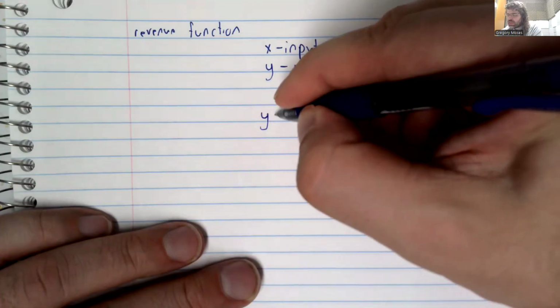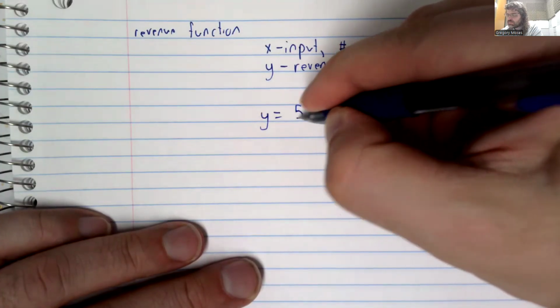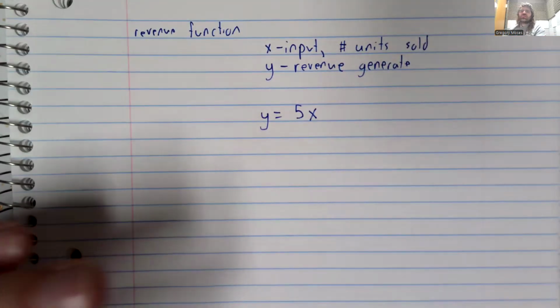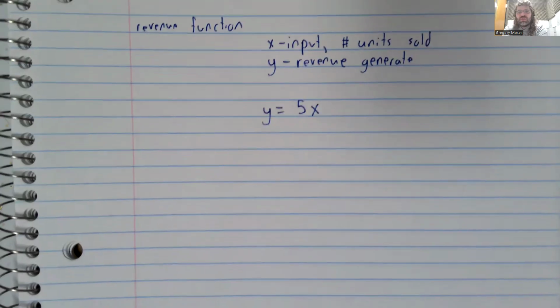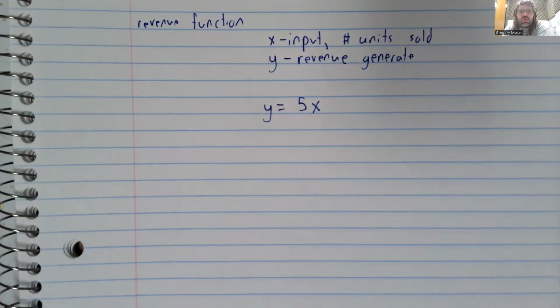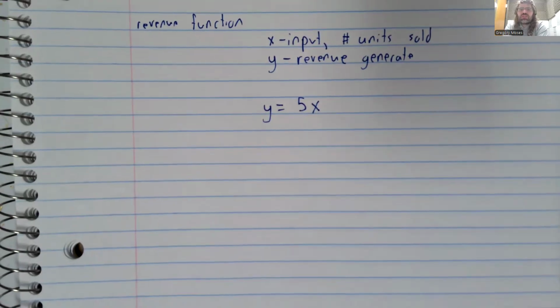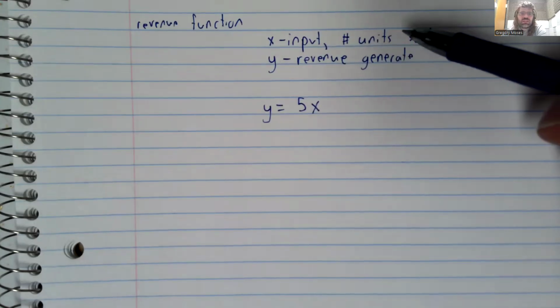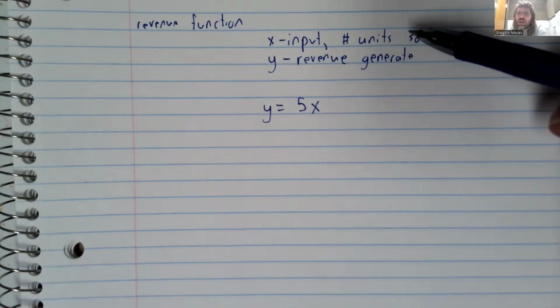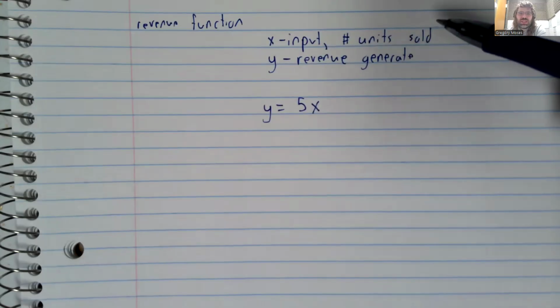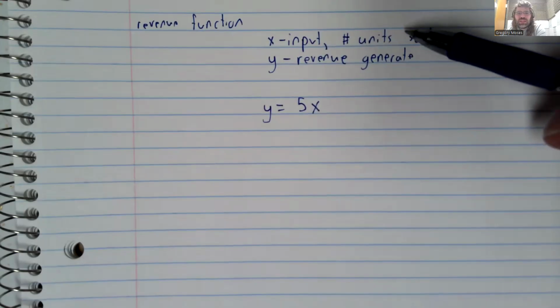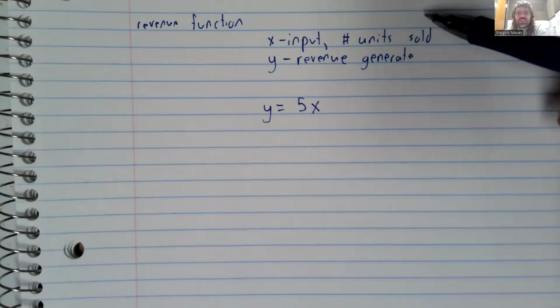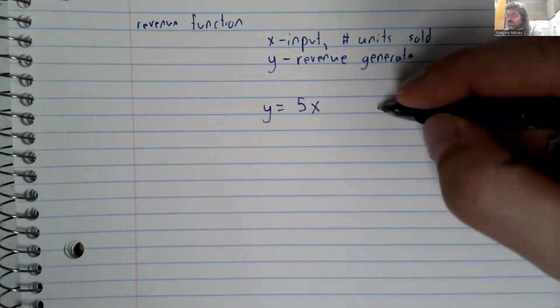Well, maybe we have this relationship. Very, very simple model. Here, every object we sell generates $5 in revenue for us. But when you talk about selling units, whatever these are, widgets would be the classic made-up business word, we can usually only sell integer units of something.